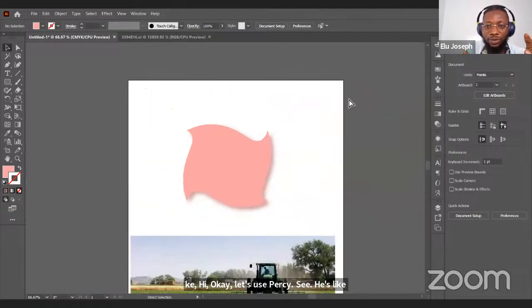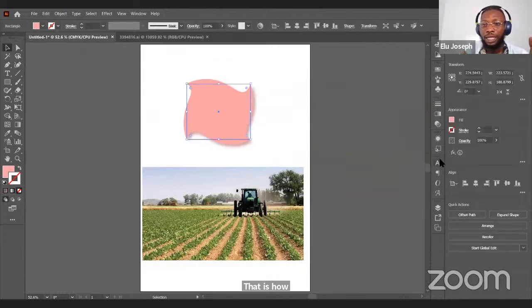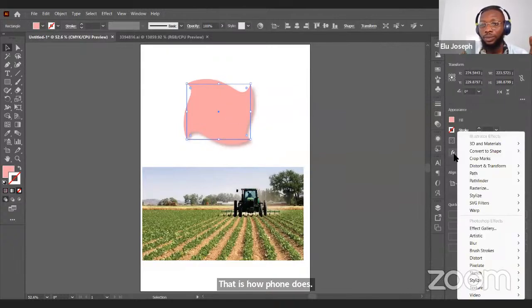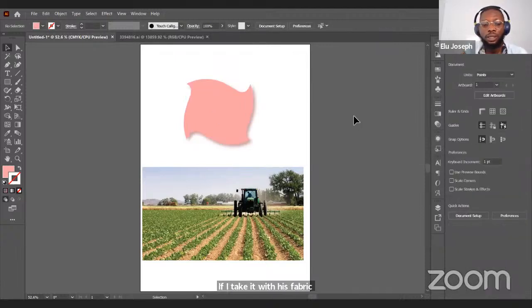That is what form does. If I take away the shadow, it goes back to normal. See it without the shadow. No, it is not 3D. It is still two-dimensional.